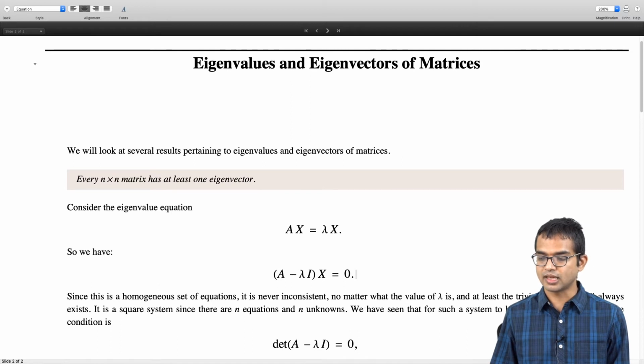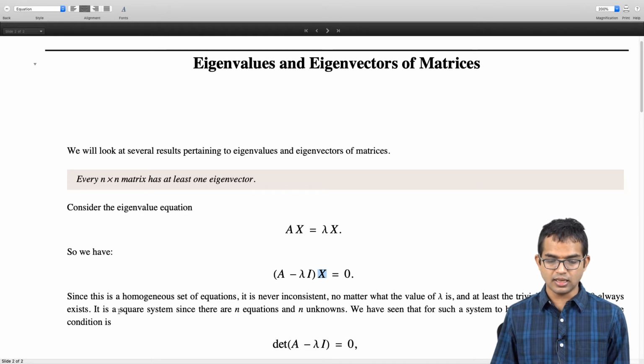The trivial solution is of course the case where you take the vector x to be 0, in which case you don't call it an eigenvector, it's a null vector. For it to be an eigenvector, you must have a non-null vector. That's what we're interested in. So the point is that this n by n matrix has at least one such genuine eigenvector.